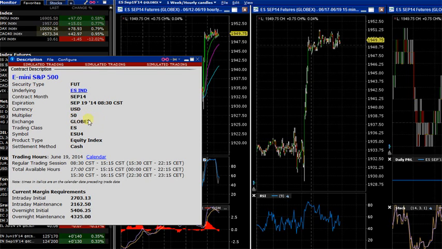This is the exchange that it's trading on, and this is the expiration date, contract month and expiration date. That's principally what makes up a future contract, and those are the different things we're going to look at right away.